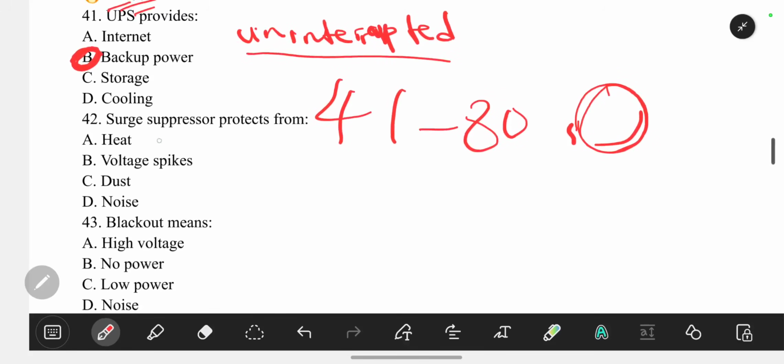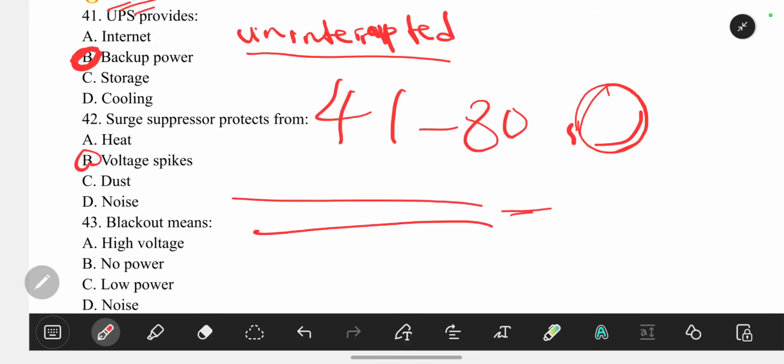Then when we look at our surge suppressor, this one protects from voltage spikes. So when there is a lot of voltage, let's say if we have the computer cable like that, this is just an example to make you understand. We have a lot of voltage coming in at once. The surge suppressor protects from such voltage spikes.